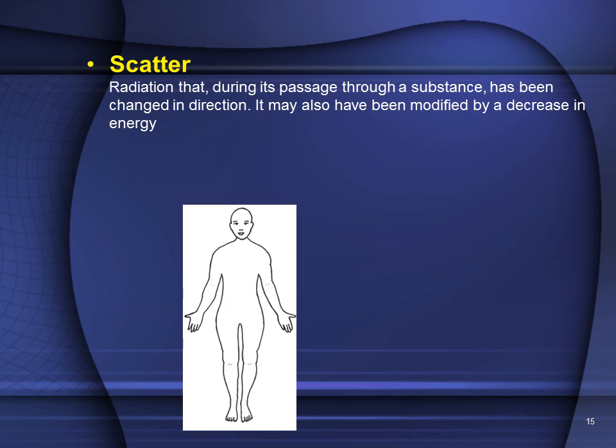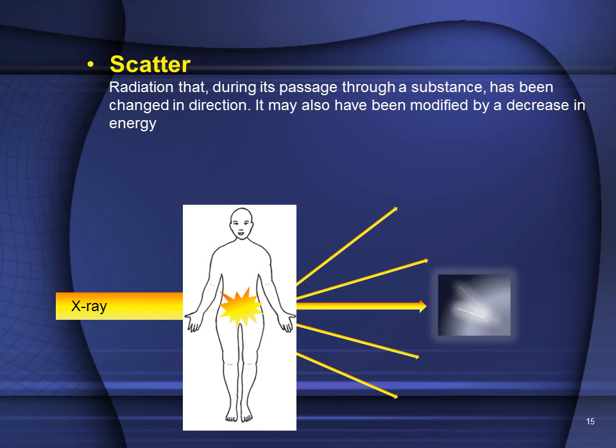Sometimes X-ray photons hit something that's difficult for them to pass through when they travel along a path through the patient's body. And in this instance, they not only lose energy, but they are scattered in different directions. This produces very distorted images on the film that make interpretation very difficult.